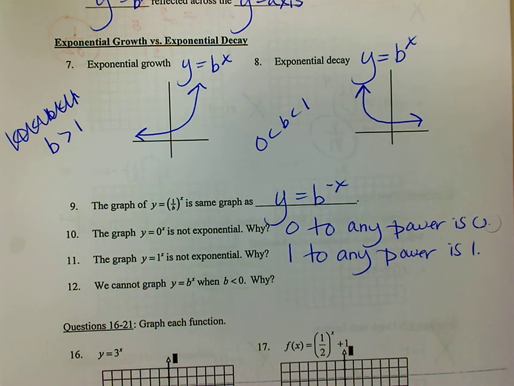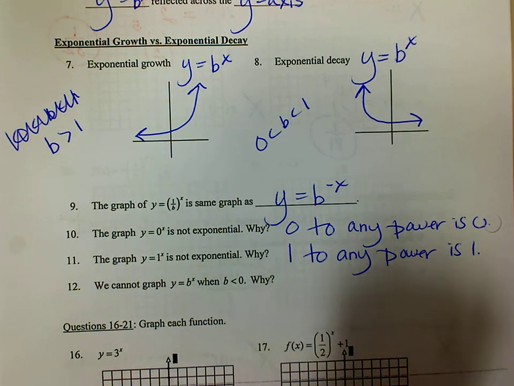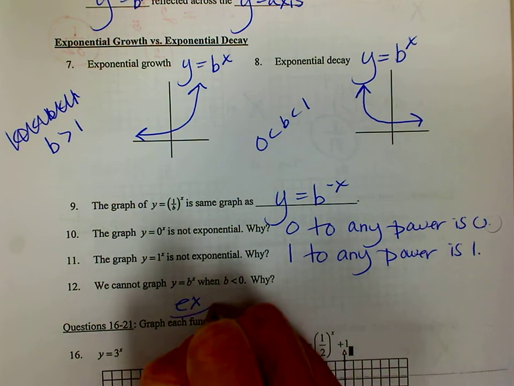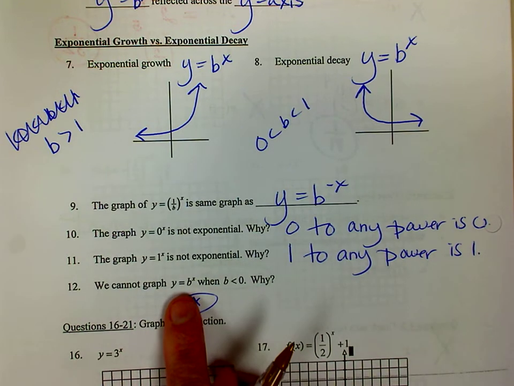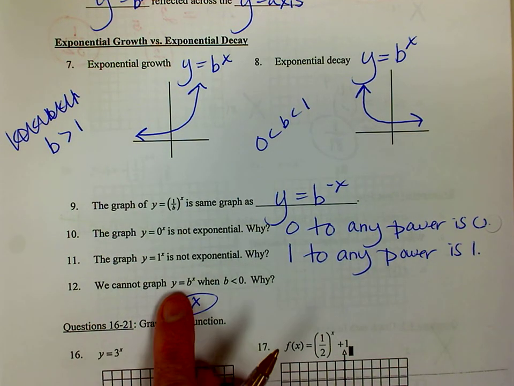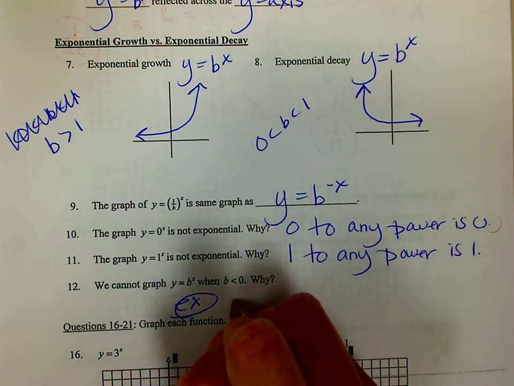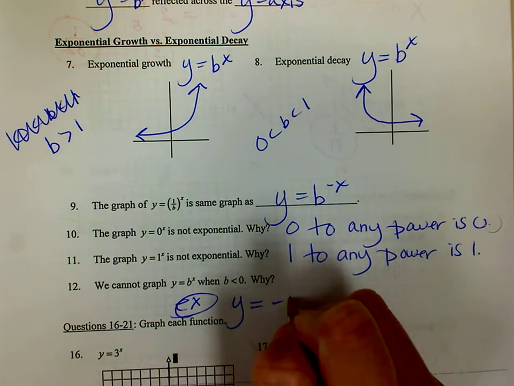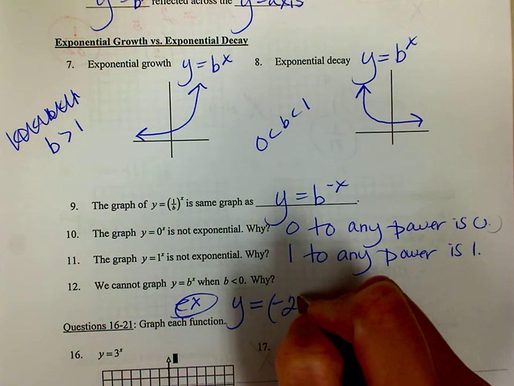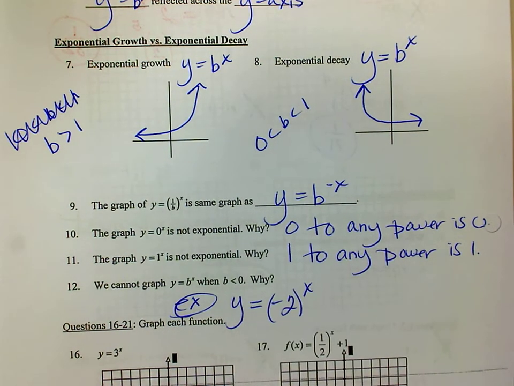And then on 12, I just want to do an example so it's easier to understand. So we're saying that we cannot graph this when our base is negative, basically is what I'm trying to say. So let's do an example. Okay, let's say we have this.